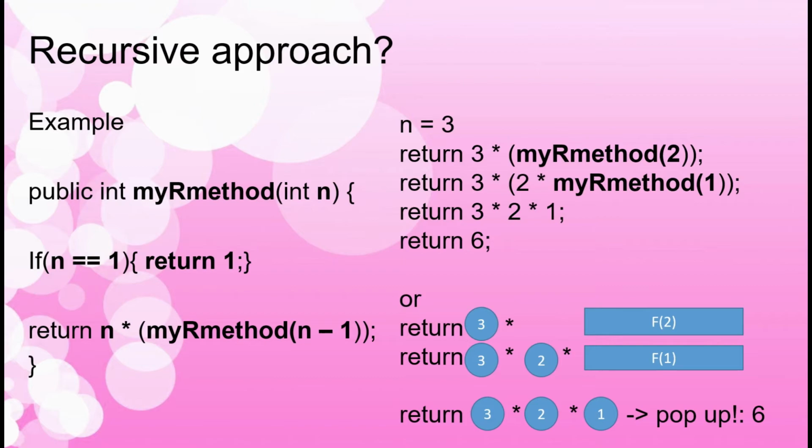And how do you return a stack? You just pop up the numbers. The first number to be popped up is the last number that you inserted in this stack, which is the 1. So pop up 1, then multiply by the second one, which is the 2, and then multiply by the third one, which is the 3. So you have 1 multiplied by 2 multiplied by 3, and your result is 6.